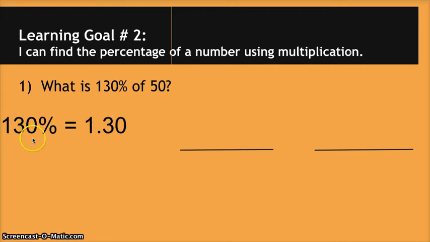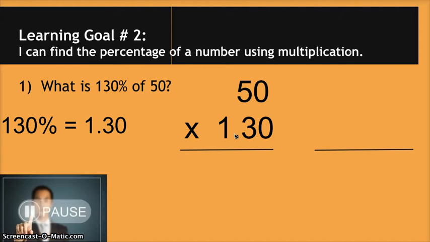We change the percent to a decimal. In our case, 130% is equal to 1.30. So we can multiply 50 times 1.30. Go ahead and pause and try to solve the problem.